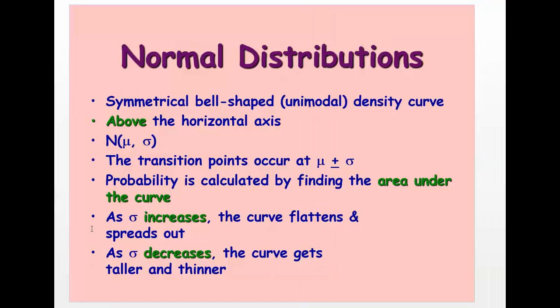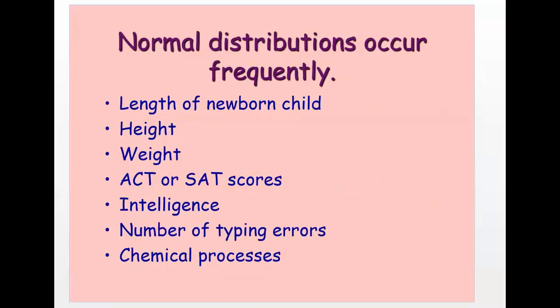So the standard deviation, when compared to a standard deviation of 1 with a mean of 0, impacts how the graph looks. As it increases, the curve gets flatter and more spread out. As it decreases, it gets taller and thinner. Well, why do we care?